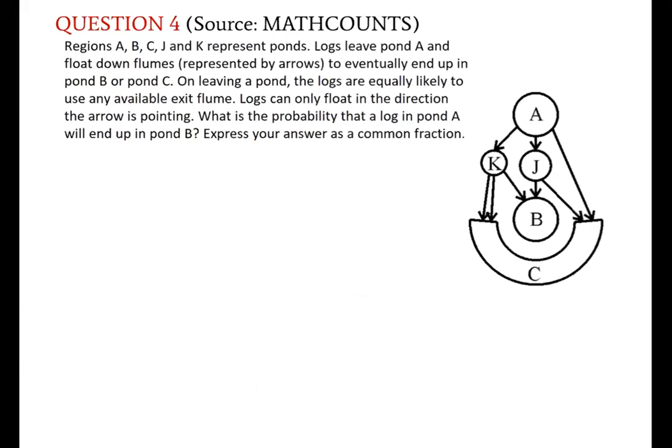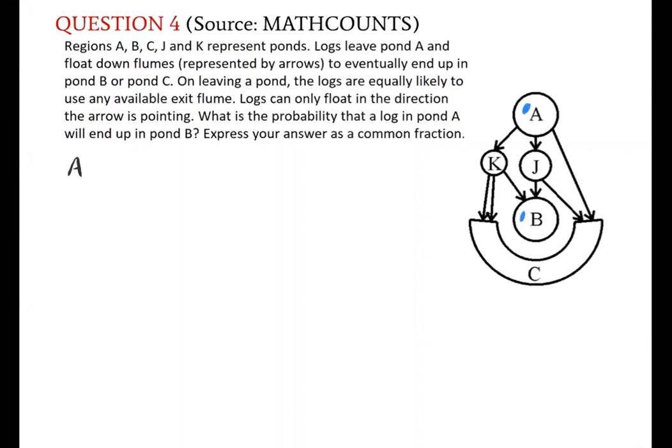Alright, question 4 says a lot of stuff, and you also have this weird diagram, but it's not that complicated. Basically, you just want to find the probability that a log in pond A will end up in pond B. You have this random log, and you just want to somehow get it to B. And you have two ways of doing that.